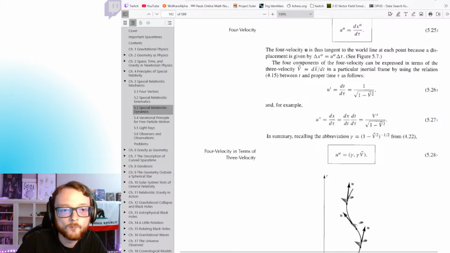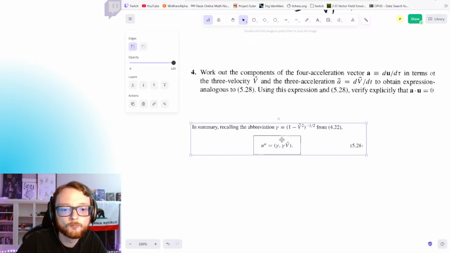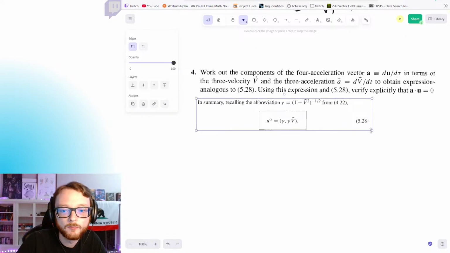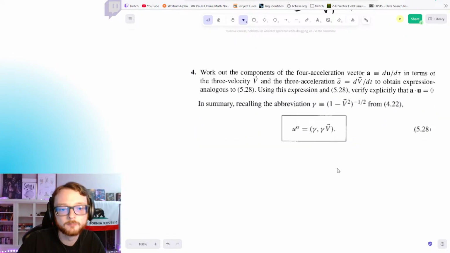Oh, this is what you were talking about. A dot U equals 0. Oh no, that was F dot U we were talking about, but A or F is as ma, so it's the same thing. Okay, so where would we even start?